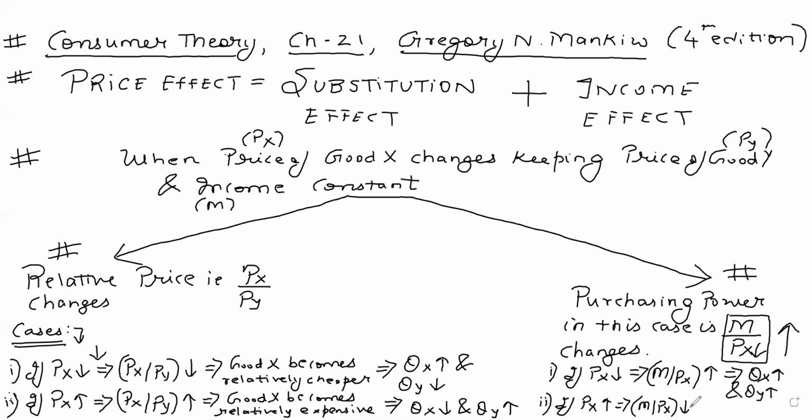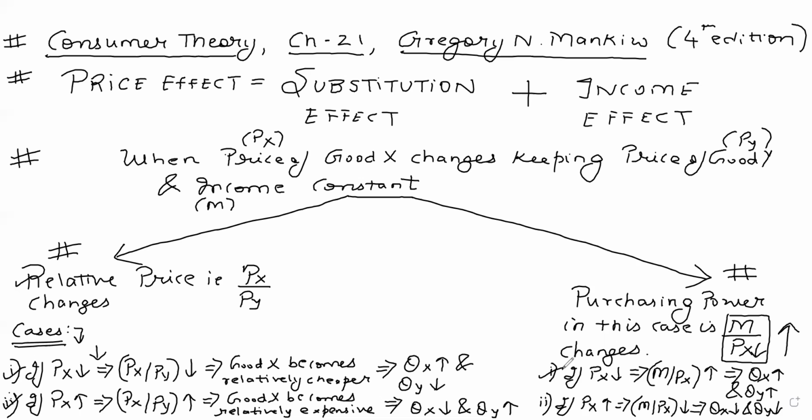And if your purchasing power has fallen, it means you can now buy less of both. Qx and Qy both will fall. So hoping that students have understood this. When relative price changes, we can have these two cases into force. And when purchasing power changes, when price of good X falls, purchasing power goes up.